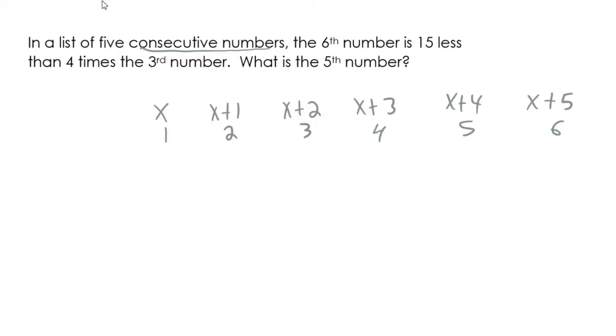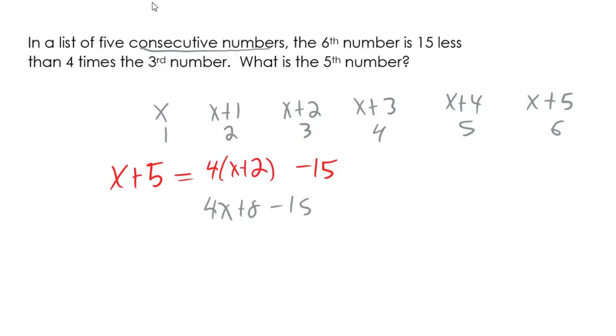So now, the 6th number, x plus 5, is 15 less than, because subtraction has to go at the end, 4 times the 3rd number, x plus 2. So now we can start our solving steps, distribute that, 4x plus 8 minus 15, combine like terms there, 4x minus 7.